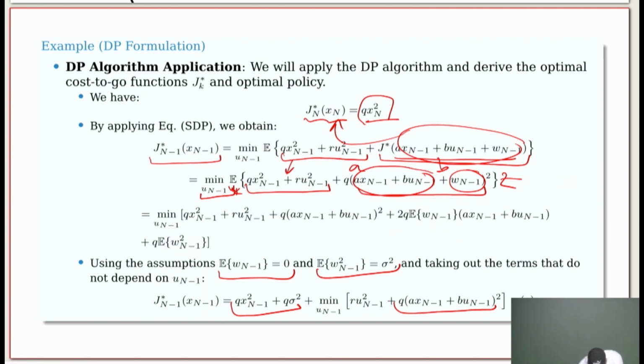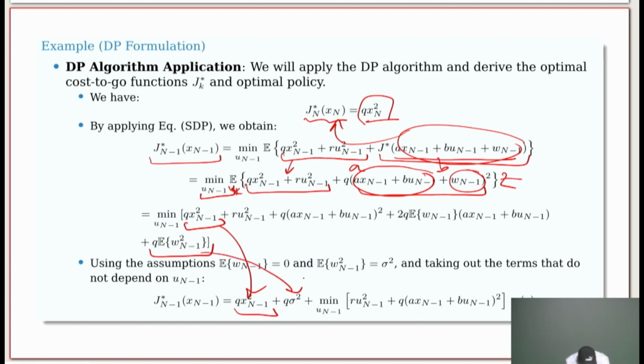Let me do it again. The way we did it was q x_{n-1} squared, this term, and this term came here. So let me clear this. This term q x_{n-1} squared came here, and this came here. The expectation of w_{n-1} squared is sigma squared, and the remaining one, r u_{n-1} squared, is here, and then this term is here.